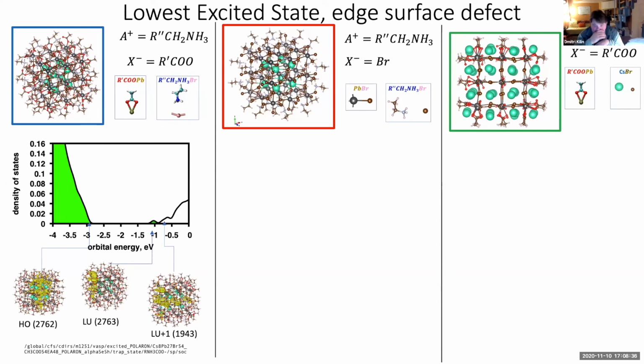It's similar to the mechanism of polaron formation: upon promoting an electron to the excited state, there is a rearrangement of the lattice that leads to localization of charge near the defect. Right.